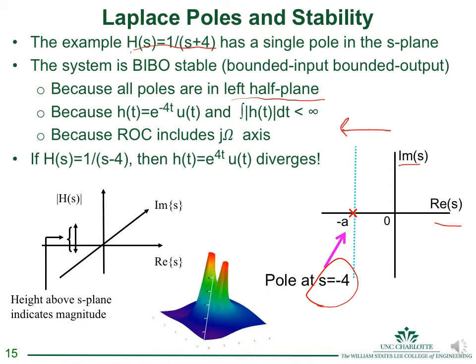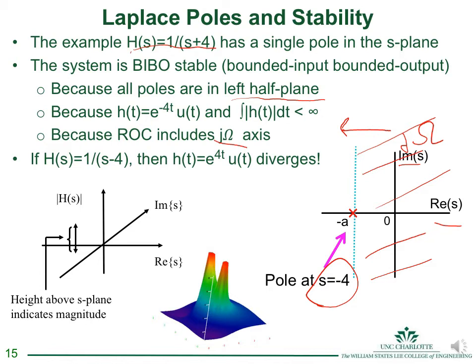This means that the region of convergence for these examples, since we're doing one-sided Laplace transforms, goes to the right, and so it includes the j omega axis, or the imaginary axis. Again, capital omega is what we're using for the continuous time frequency variable in radians per second.